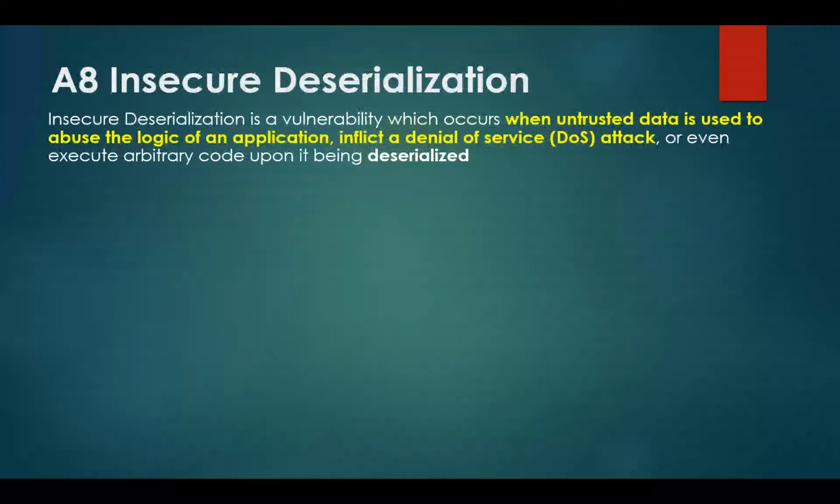Number 8 is insecure deserialization. Insecure deserialization is a vulnerability which occurs when untrusted data is used to abuse the logic of an application, inflict a denial of service attack, or even execute arbitrary code upon being deserialized.